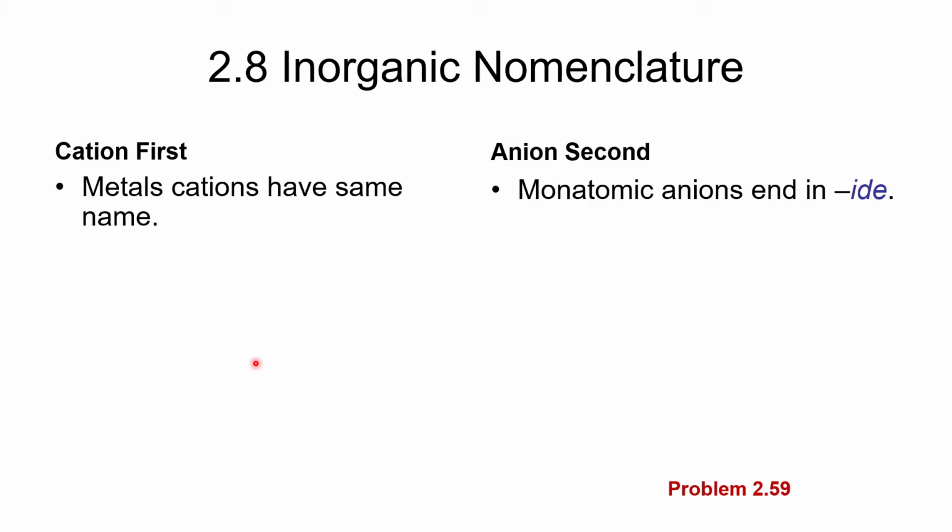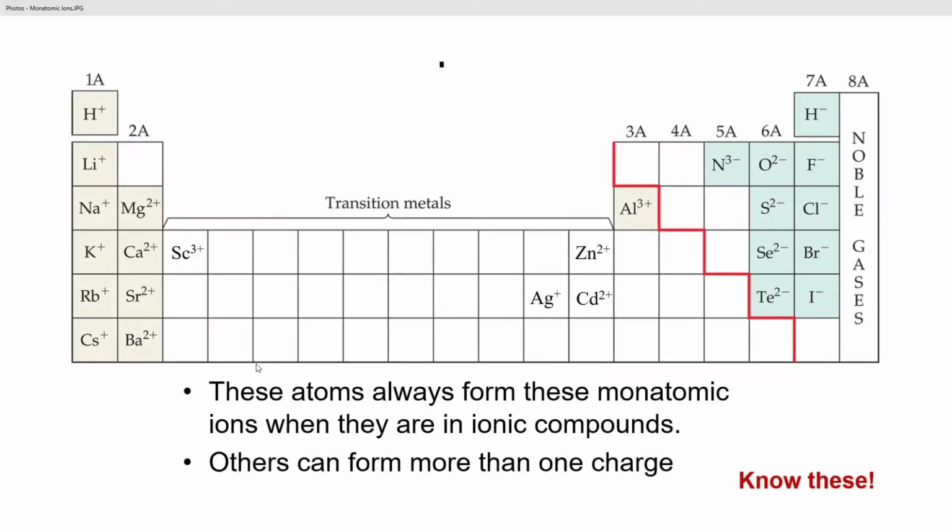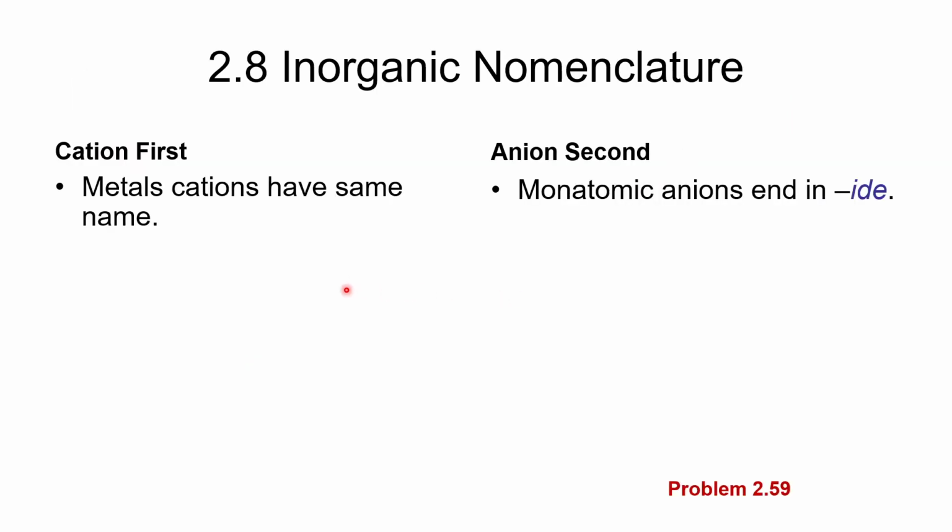If we've got a metal cation, and let's say that that metal cation always has the same charge, in other words, if that metal cation is one of the cations that is on this list, so either group 1 or group 2, aluminum, or these extra couple of transition metals that always have the same charge, well, in that case, the ion is simply going to have the same name as the metal.